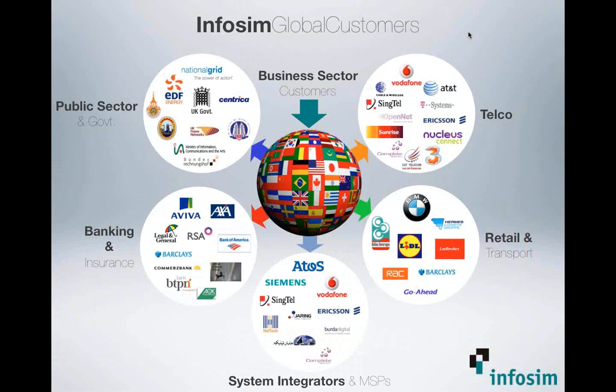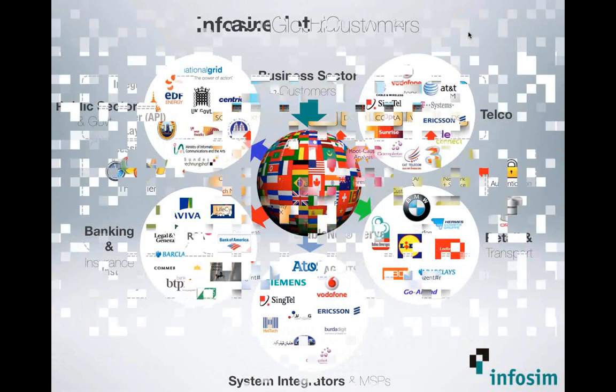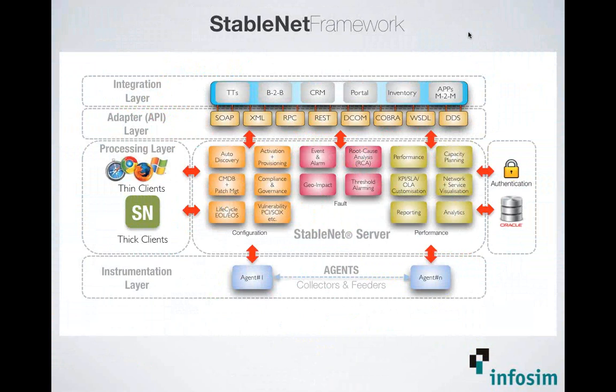StableNet is a unified management system and therefore has an enriched suite of integrated functionality available out of the box. StableNet is also SOA-based and therefore is very flexible from an integration and data flow connection perspective.